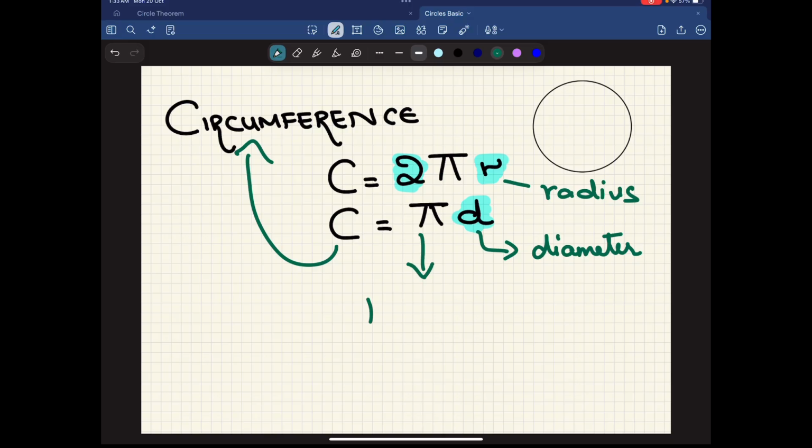And pi is basically the ratio between the circumference of the circle and the diameter. And we often use approximations to make our calculations easier. So we use either 22/7 or 3.14.